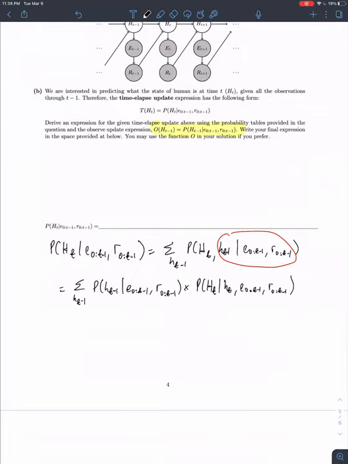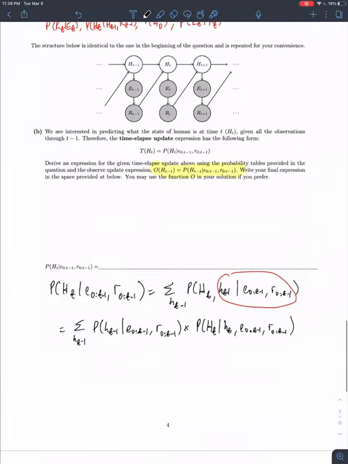But we have conditional independence relations, right? I forgot to write this ht minus 1 here. Once you know little ht minus 1 and rt minus 1, none of these other variables matter at all.